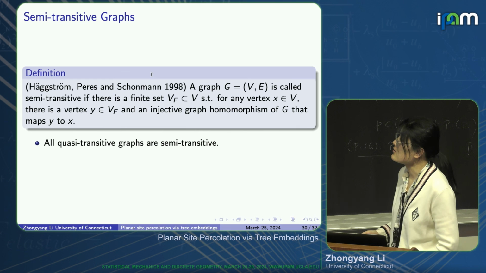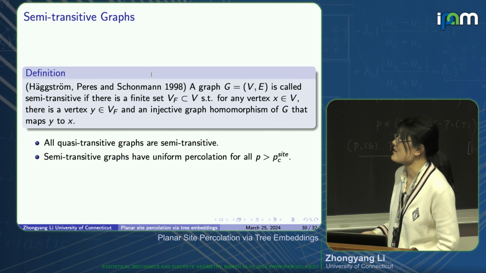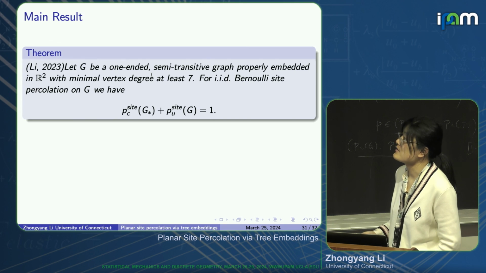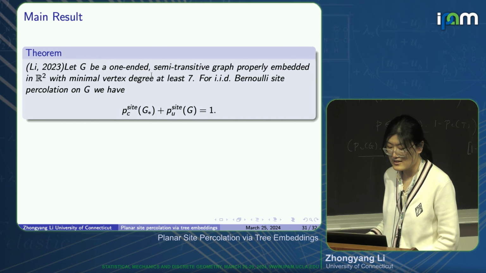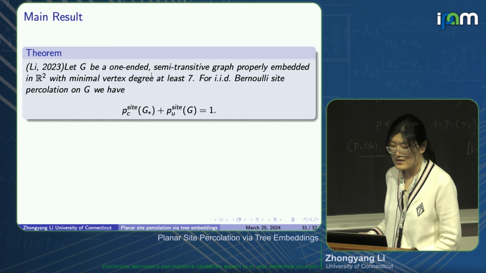All quasi-transitive graphs are semi-transitive graphs. And a semi-transitive graph will always have uniform percolation whenever P is greater than PC. With the help of that, we can see that for a semi-transitive graph, PC site of G star plus PU site of G is equal to 1, for a one-ended semi-transitive graph properly embedded into the plane with minimum vertex degree at least 7.